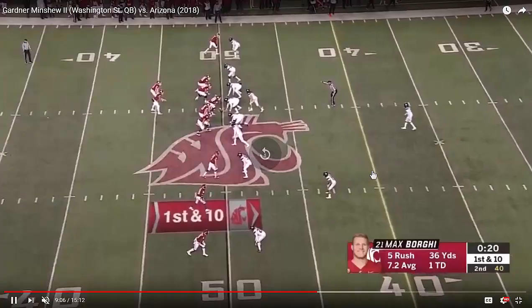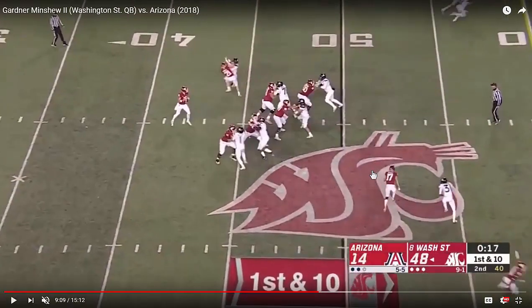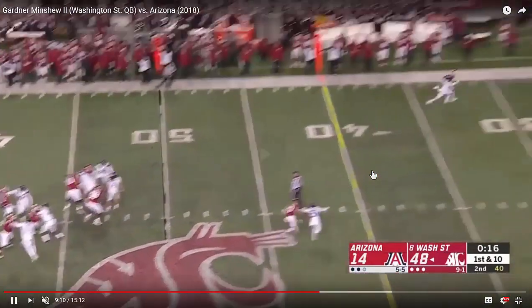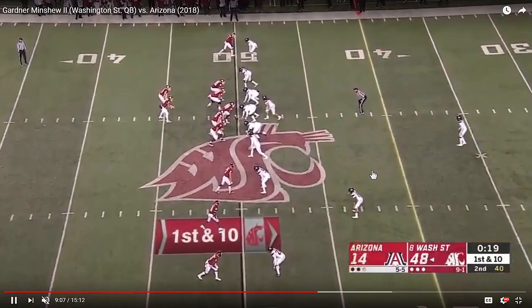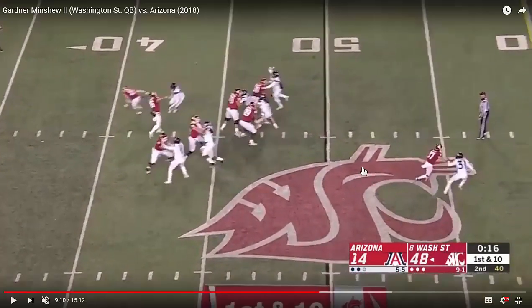Now, the next thing you have to consider for Gardner Minshew is, did he have to make this throw under pressure? What's a throw under pressure? Was this a throw under pressure? You could say, well, the defender was within a couple of steps of him when he released the ball. Well, to me, that's not a throw under pressure.